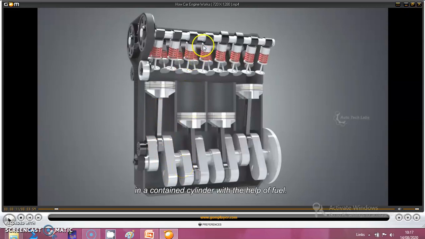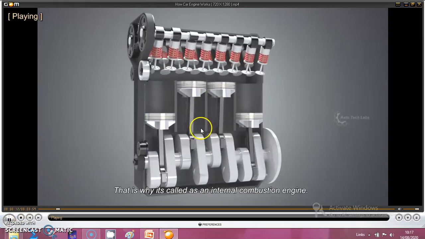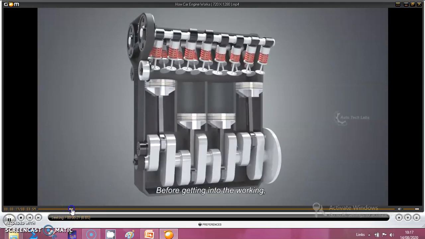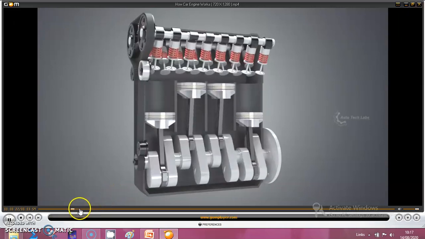Then we have this inlet and exhaust valve, and these are driven by the two camshafts. One camshaft, you can see it here, and one is on the other side, and these two camshafts are driven by the crank itself. This is connected through a belt. Now we will see this in detail. So this is the working.